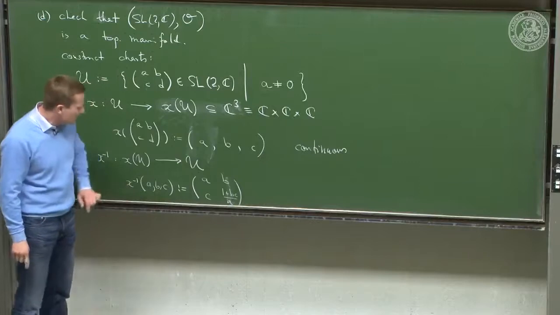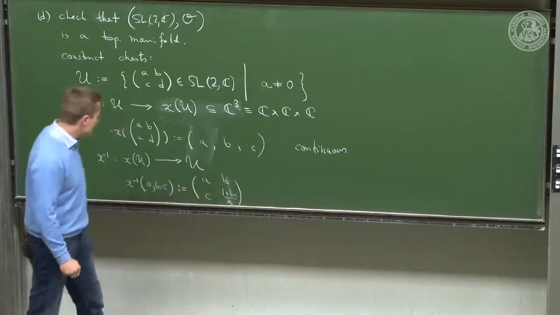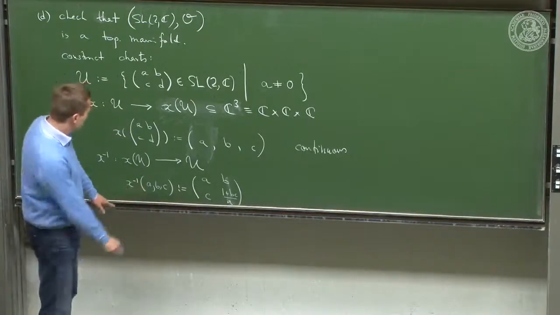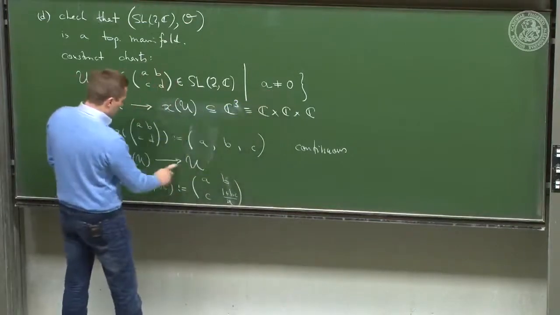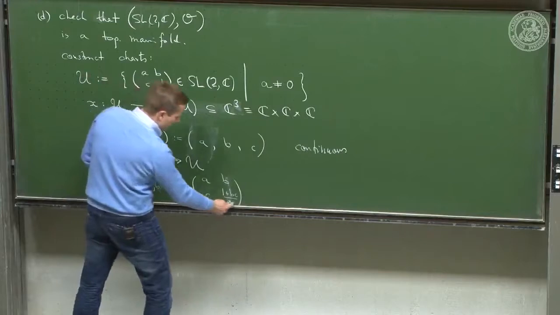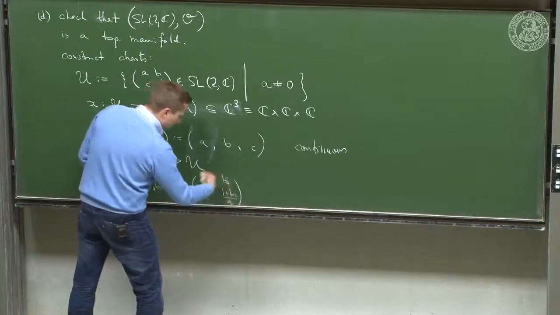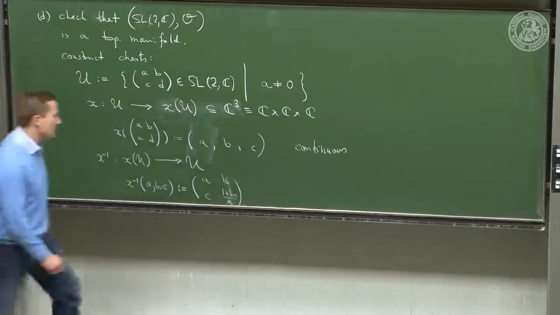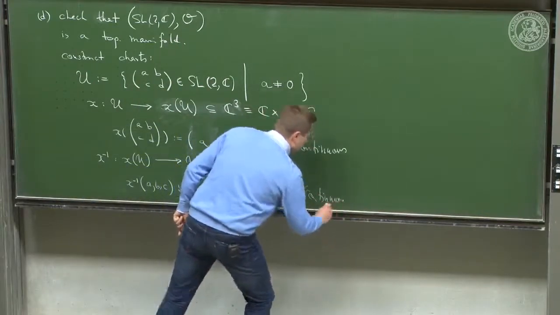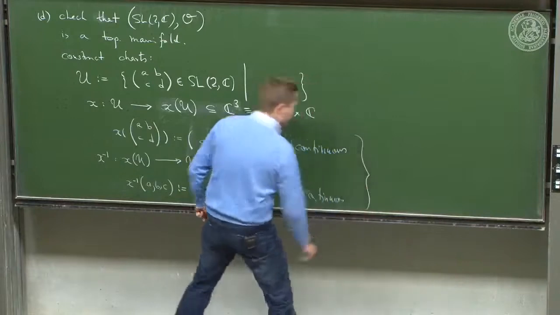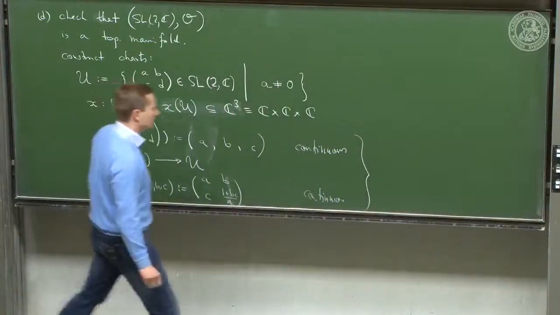Okay, so that's the inverse. We have this, and you can check again, because A is non-zero on that domain, this is again a continuous map. So the map is invertible and continuous in both directions.